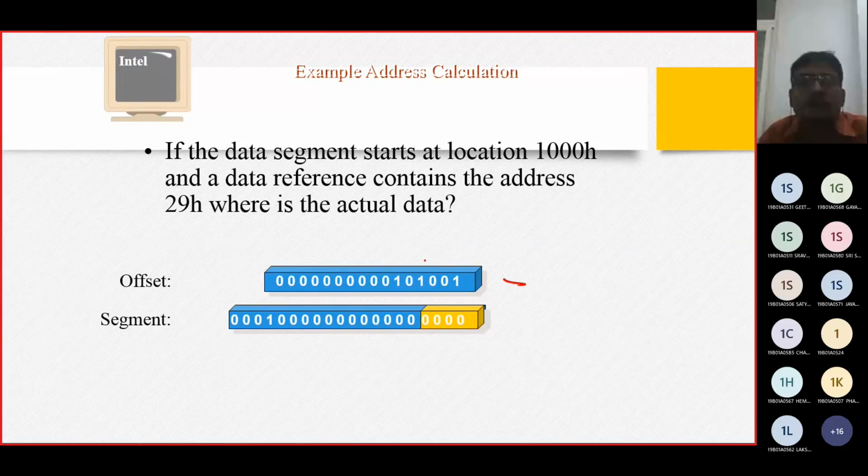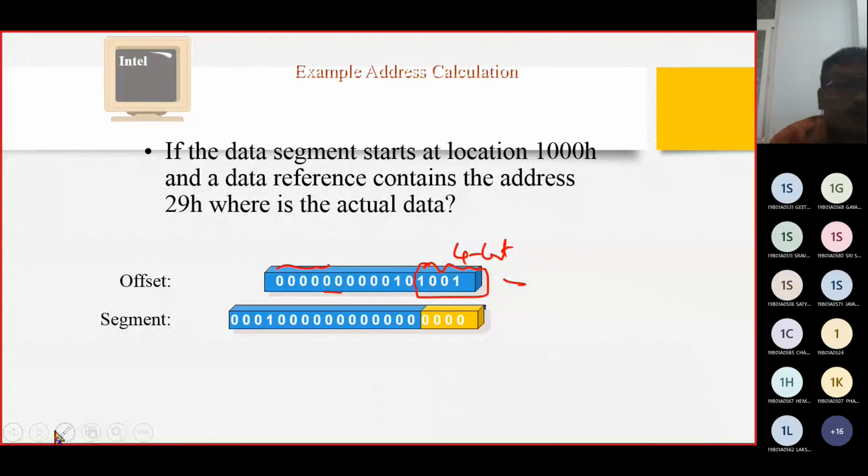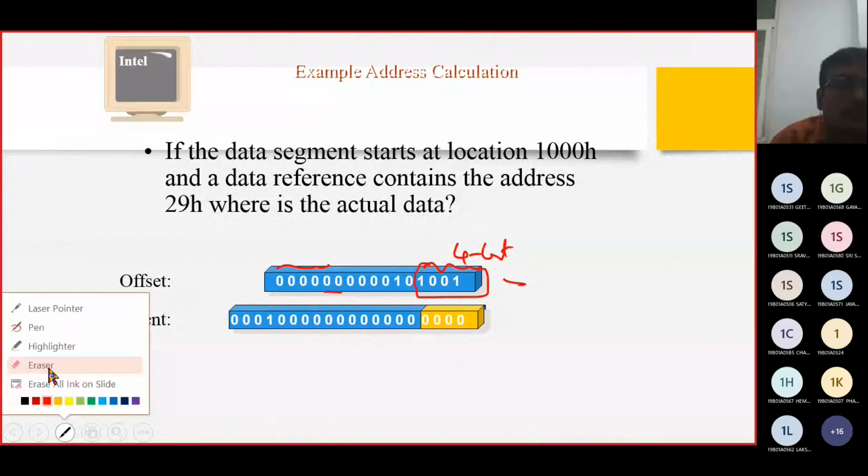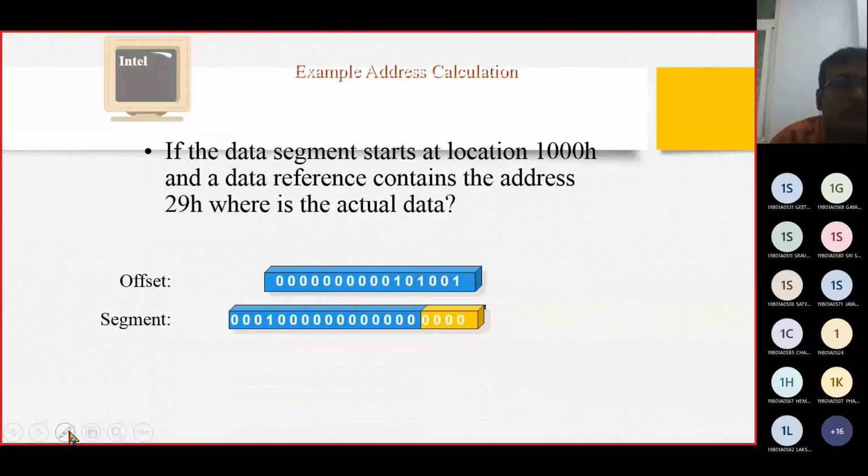So these are the 16 bits here. Four bits. I will erase and write. So these 4 bits are there.